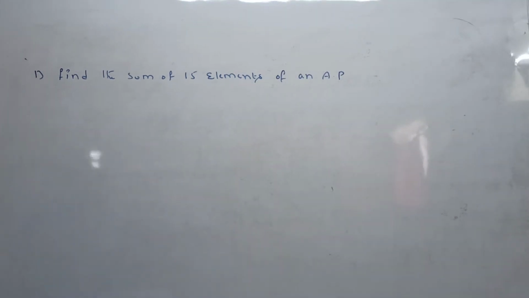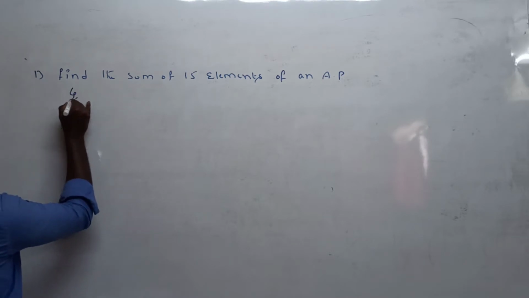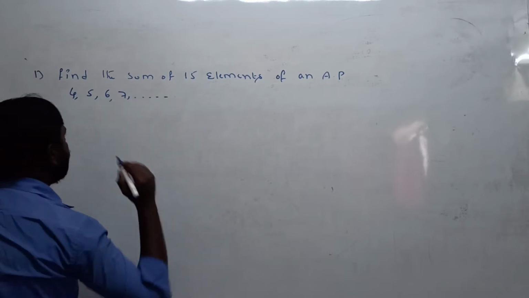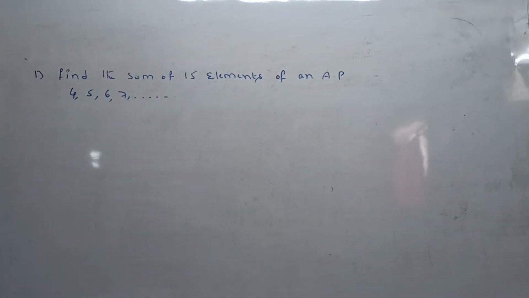The sequence is 4, 5, 6, 7, and so on. What is given? We have to calculate the sum of the 15 elements.